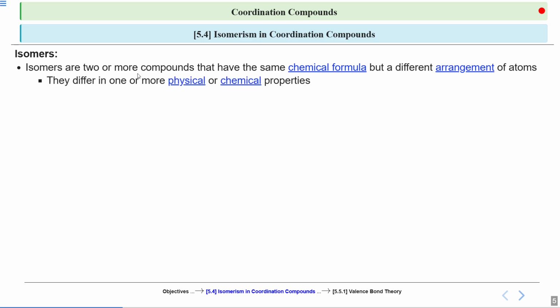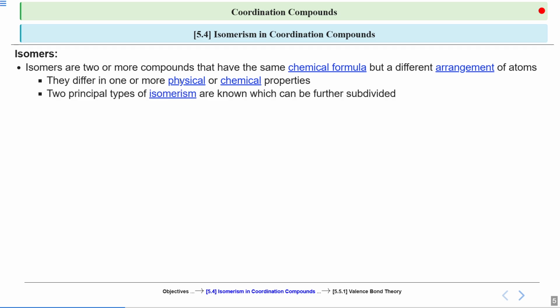They differ in one or more physical or chemical properties. So due to this different arrangement of atoms, they will show different physical and chemical properties.